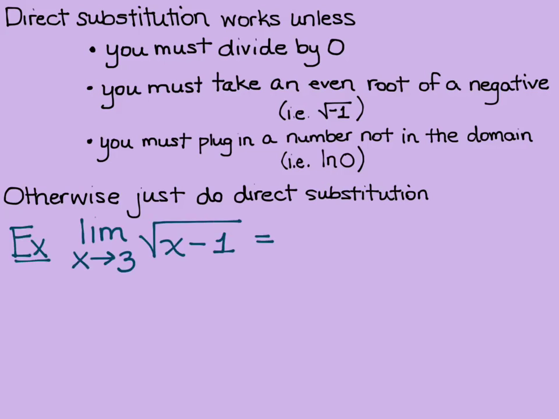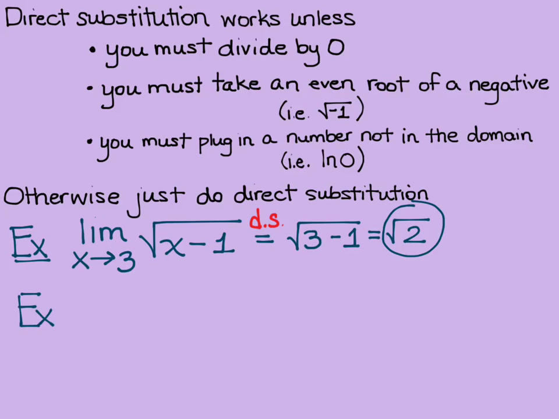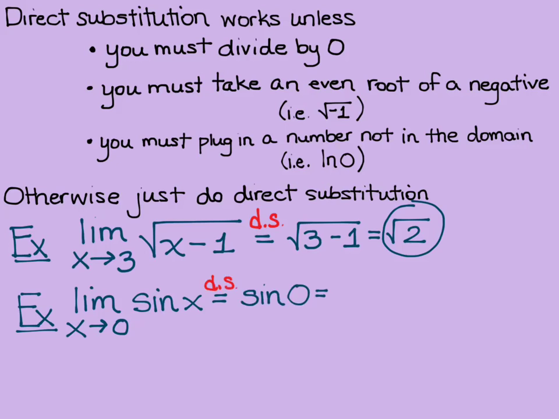For example, the limit as x goes to 3 of the square root of x minus 1 ends up to be, using direct substitution, square root of 3 minus 1, which is the square root of 2. For another example, the limit as x goes to 0 of sine x. Doing direct substitution, we have sine of 0, which ends up to be 0.